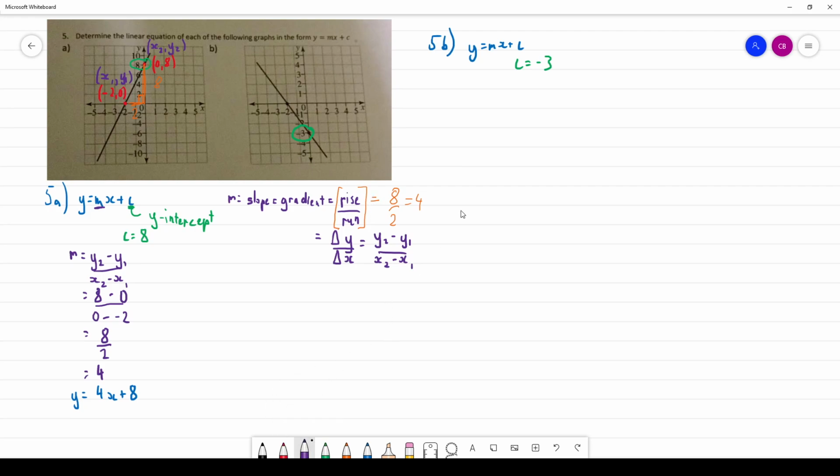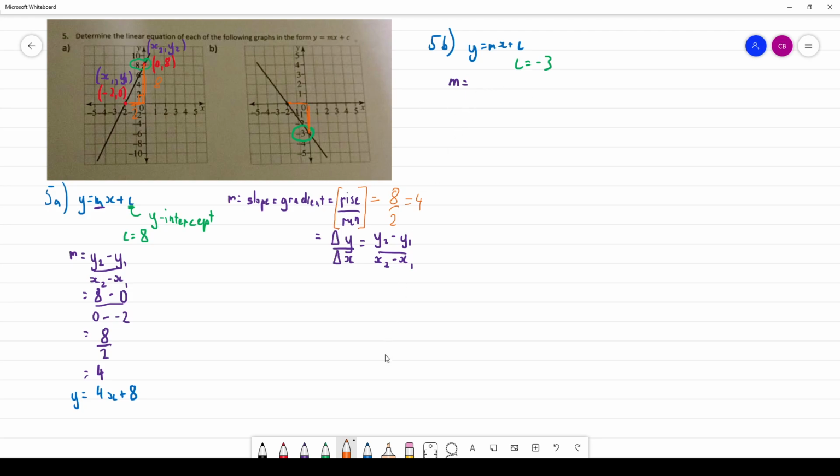And then if we want to calculate our gradient, how should we do this? Let's try the orange method, just thinking of it as rise over run. So if we go from this coordinate and go across to the origin, and then go down to the y-intercept, the rise is going down now.